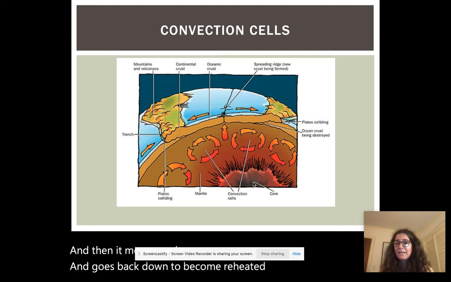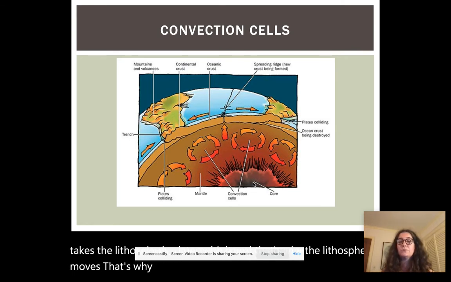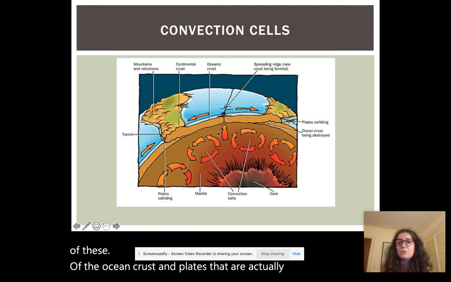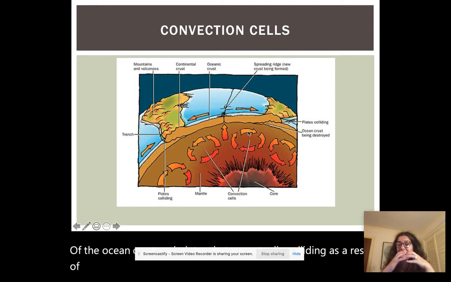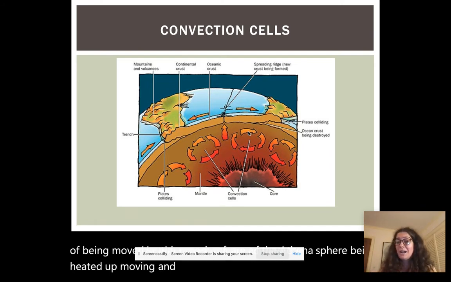As it does that, it takes the lithospheric plates with it. And that's why the lithosphere moves. That's why our continents move. So here is another image of the ocean crust and plates that are actually colliding as a result of being moved by this amazing force of the asthenosphere being heated up, moving, and the lithosphere being dragged along with it.